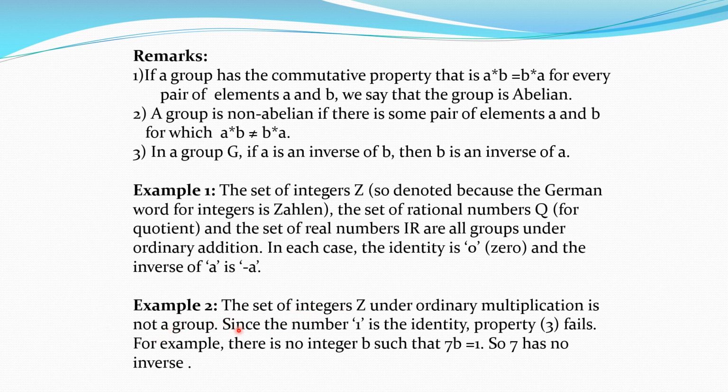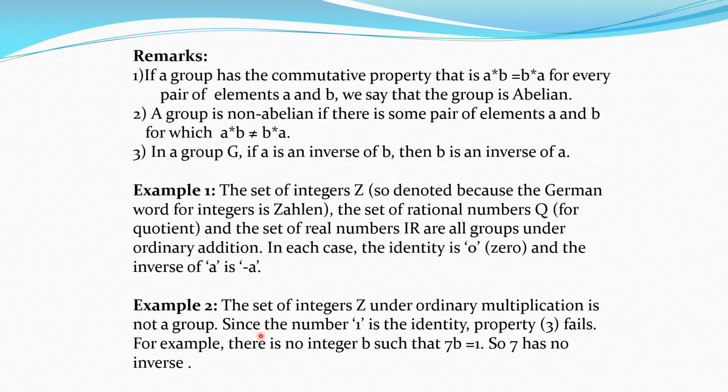Actually, for any element A in Z, A into 1 is A. So 1 is the identity with respect to multiplication. But to find its inverse, we need to find some element B such that A into B is equal to 1. Then B will be the inverse of A. But AB equal to 1 gives B equal to 1 upon A, and 1 upon A is not always an integer.